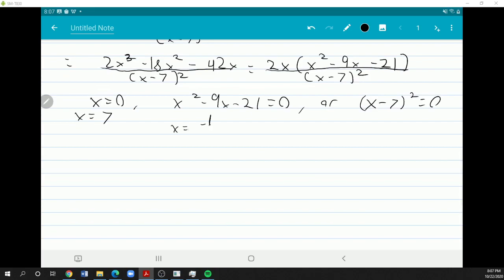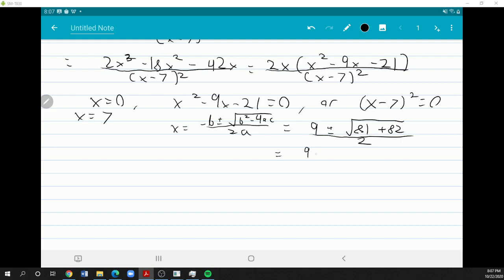X equals minus b plus or minus square root b squared minus 4ac over 2a, which is equal to 9 plus or minus square root, this will be 81, minus 4 times 1 times minus 21 is plus 84, all divided by 2.